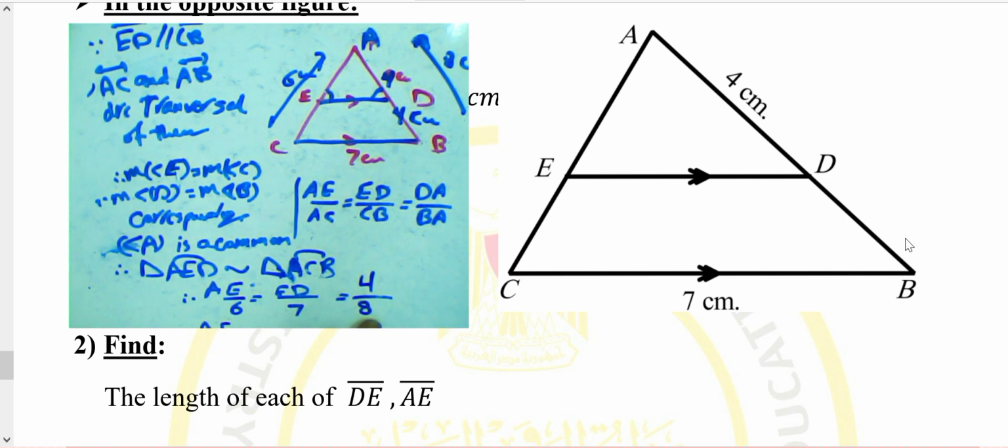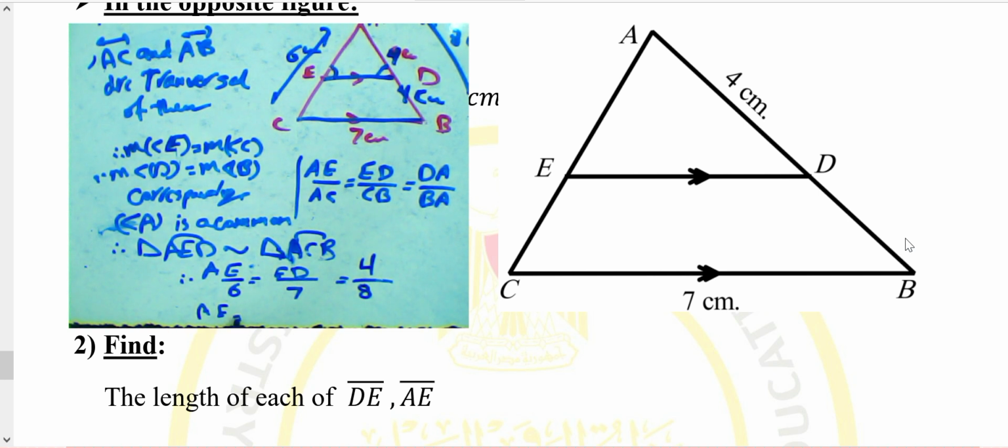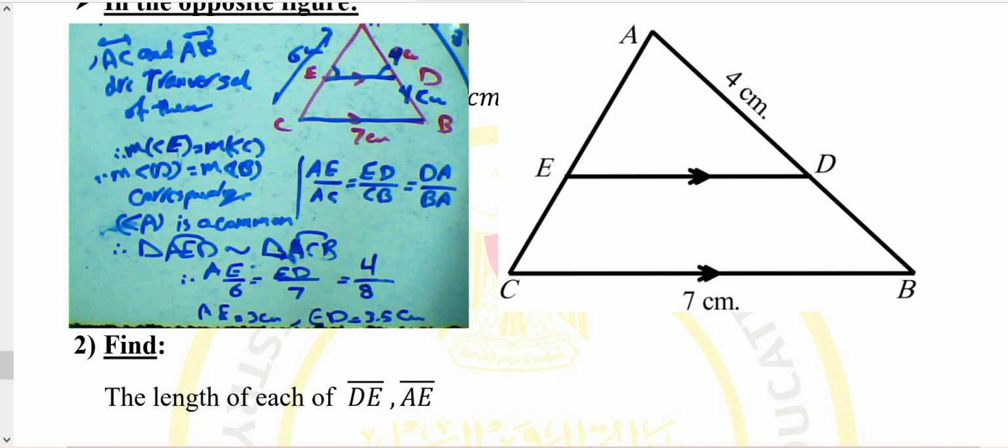For half of 8, then AE equals 3 centimeters, half of 6, and ED is half of 7, 3.5 centimeters. Okay.